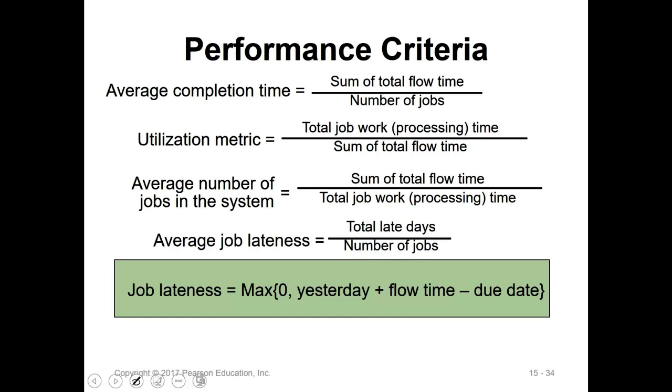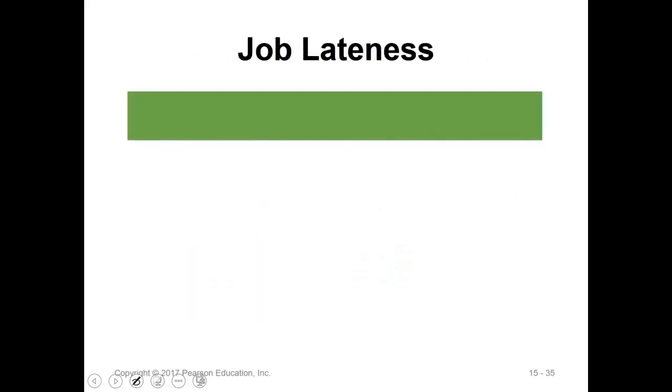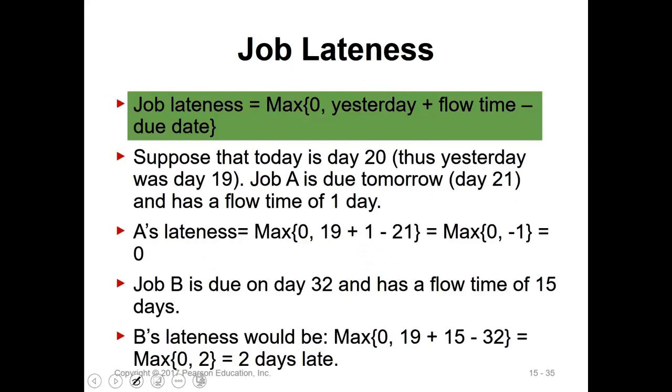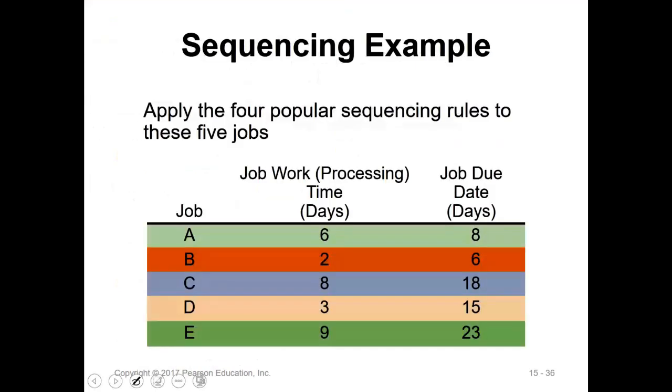And also we will calculate the job lateness. I don't want to go through the formulas in the abstract because they may feel confusing, so we better use our example to see what the due time lateness is.